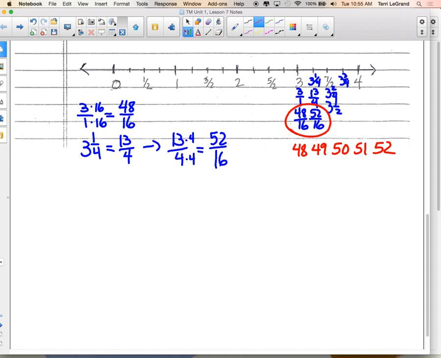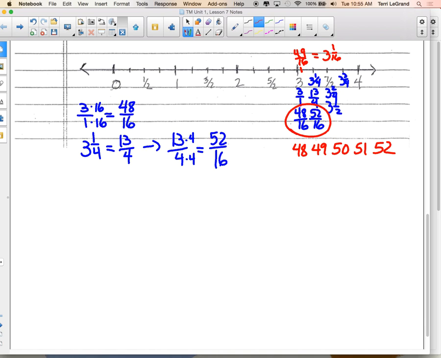So we're really close here. So we're going to say, you know what? I think it's right here. Here's my 49/16, also known as 3 1/16.